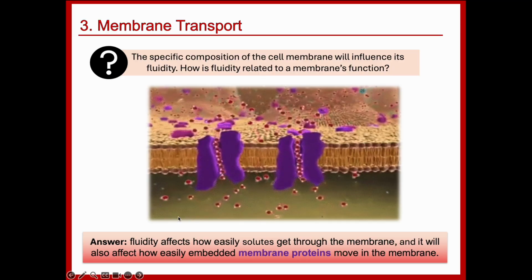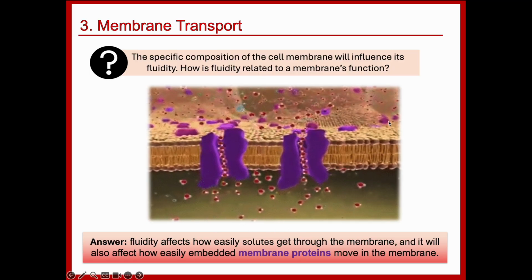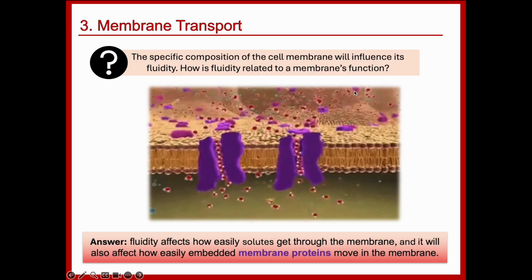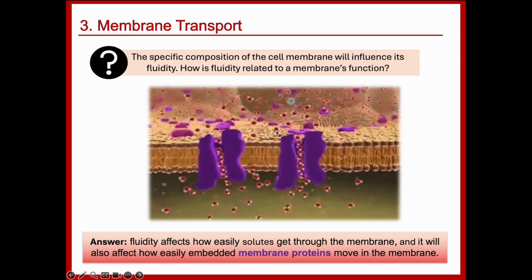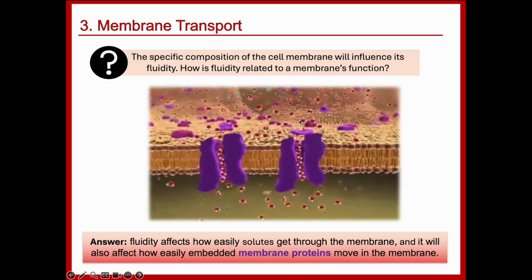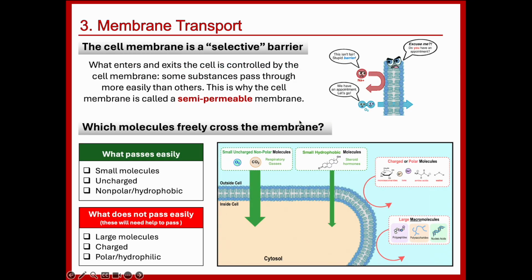Here's our intracellular environment inside the cell, and here is the extracellular environment outside the cell. And we get things in and out from here, right? Now, this is what we talk about when we talk about allowing things to come in or not. We say that the cell membrane is a selective barrier, okay?